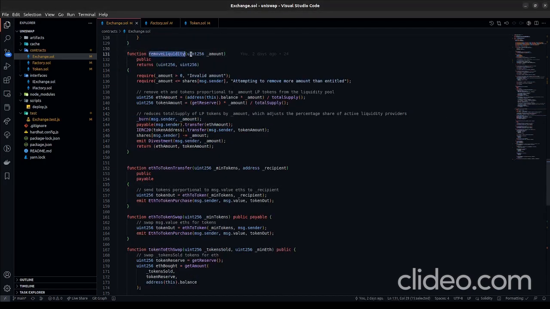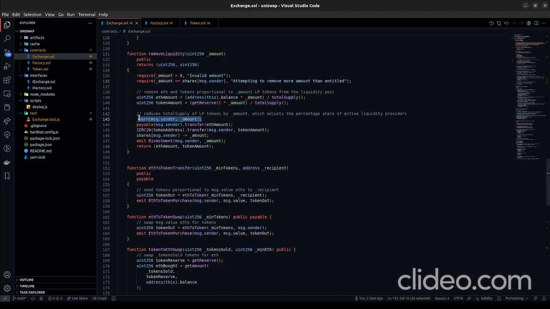The remove liquidity function removes the liquidity for the liquidity provider corresponding to amount number of LP tokens. We first need to check if the liquidity provider who is requesting to remove liquidity actually owns amount number of LP tokens that is stored in this mapping. Then we find the ETH amount and the token amount corresponding to the LP token amount specified by the liquidity provider.